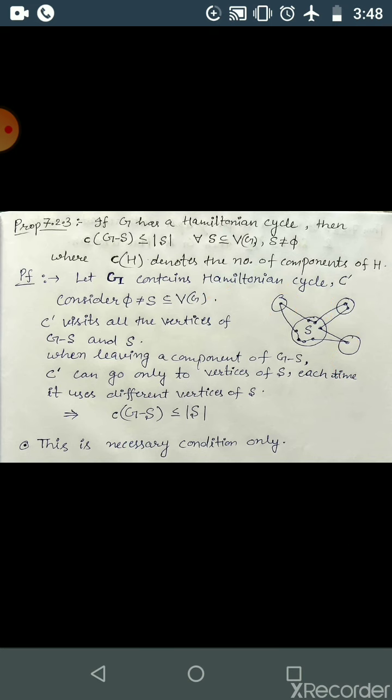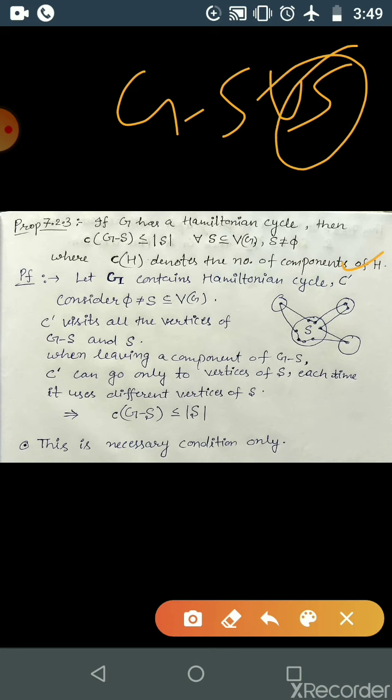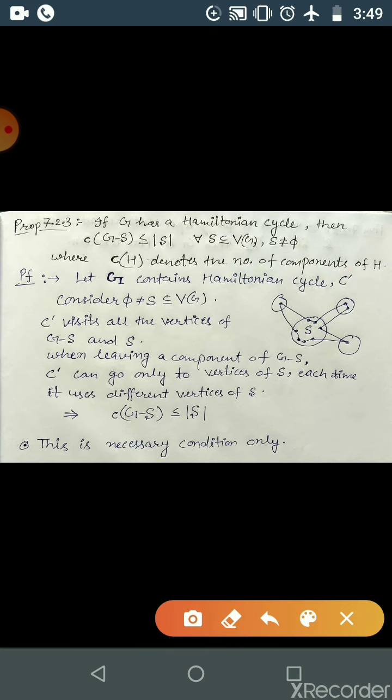This C' cycle visits all the vertices, whether in a component of G minus S or in S, that is, all the vertices of all the components of G minus S, and S. Obviously it is G minus S union with S, and if you add back the edges which were removed, it will be isomorphic to G. So C' visits all the vertices of G minus S and S. One cycle I have just shown here.